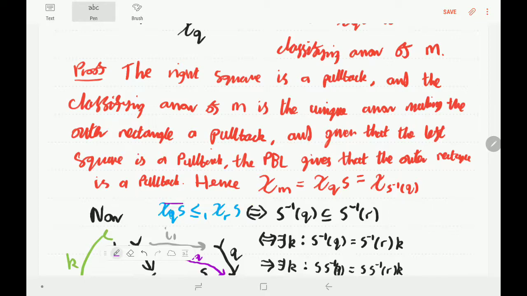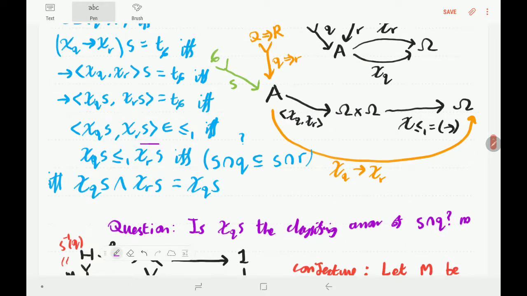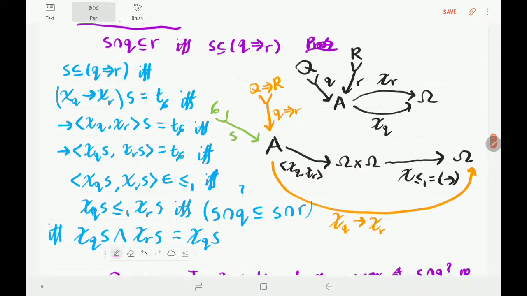We start with this statement: chi Q S less than or equal to chi R S. That's as far as I got, up to here.